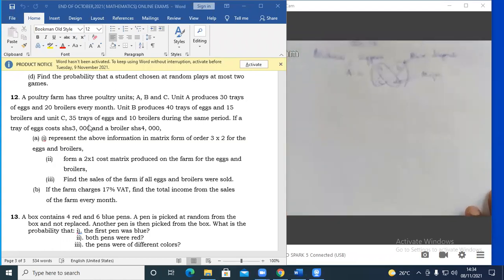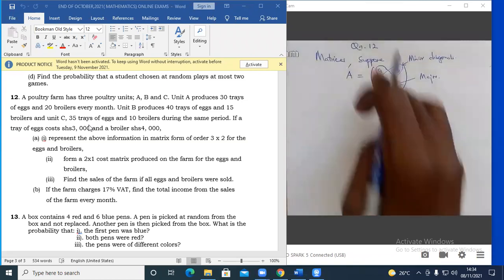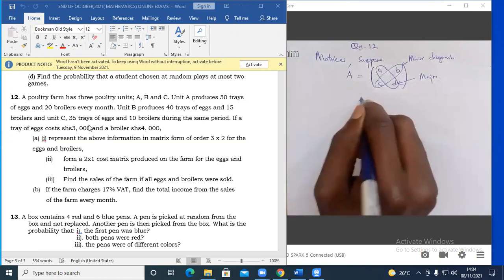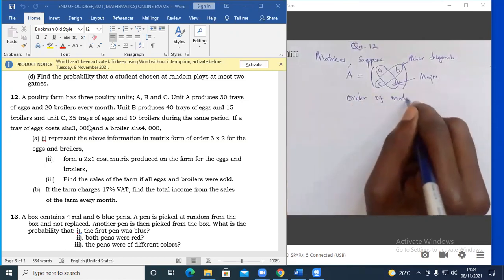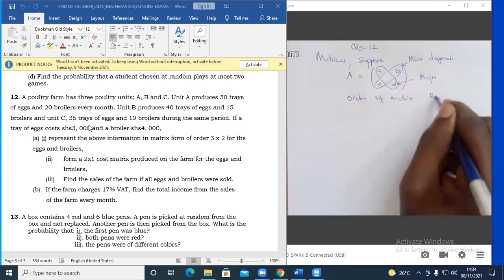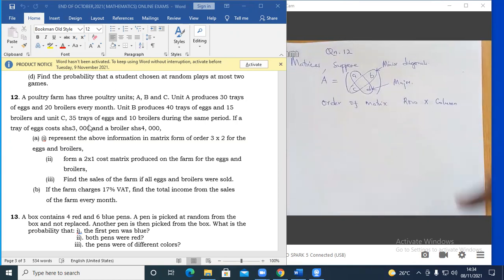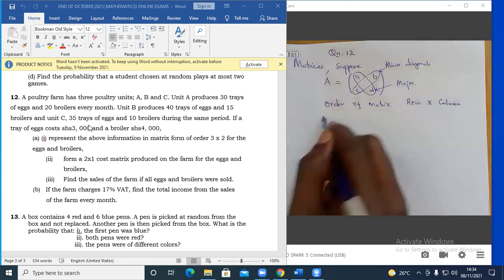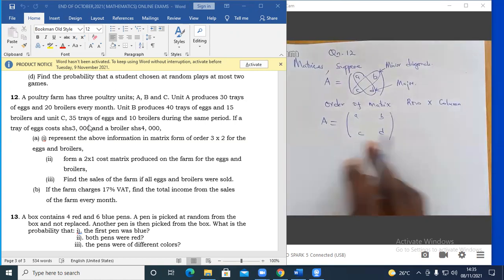Now, what is the order of this matrix? The order of the matrix is given in the form row by column. When you look at this matrix A, B, C, D, how many rows does it have?